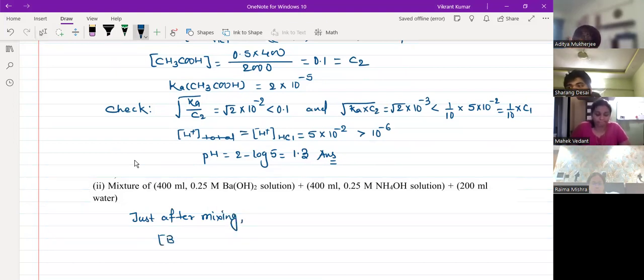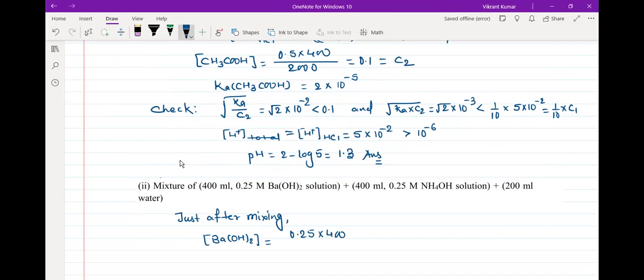If you calculate the concentration of Ba(OH)2, that is going to be 0.25 into 400 divided by, see, the whole thing comes to 1000, so that's why it is coming 0.1 or 10 raised to minus 1. So the OH minus from the strong base will be double of it.